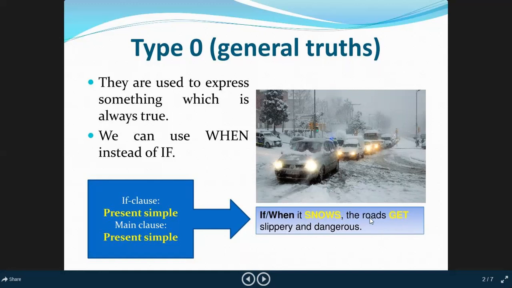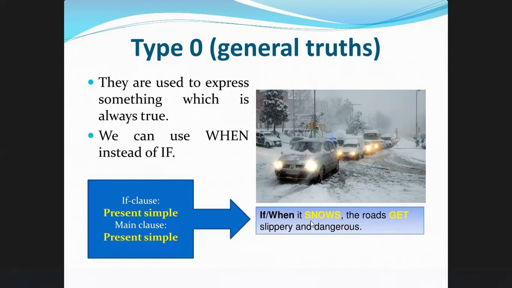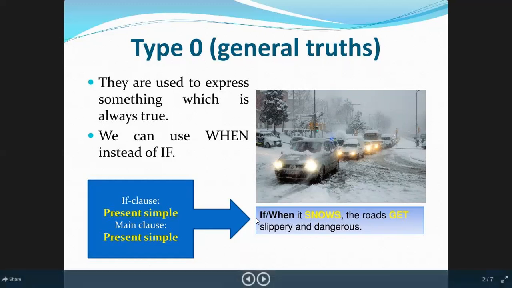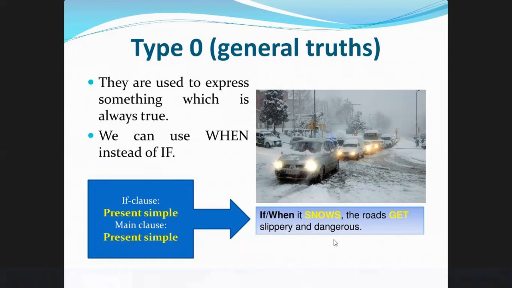So in both the clauses, the verb is in present simple form, the first form of the verb. And with the dependent clause, if is used. So if it snows, the roads get slippery and dangerous. This type of sentence, where general truths are presented, is called type 0 of the conditional sentences.